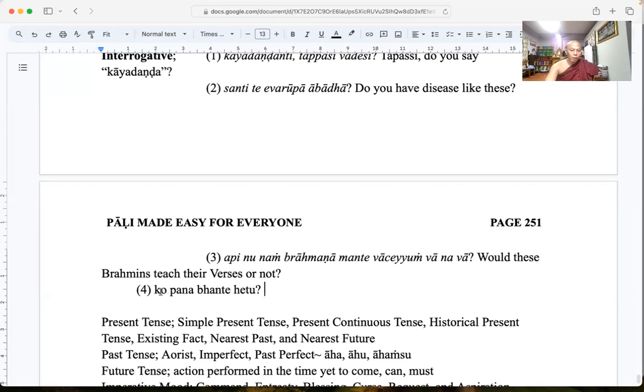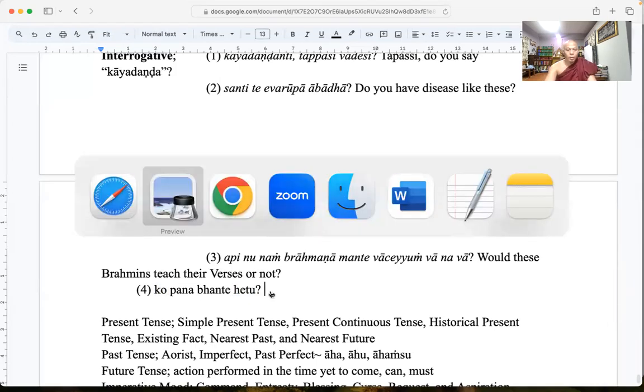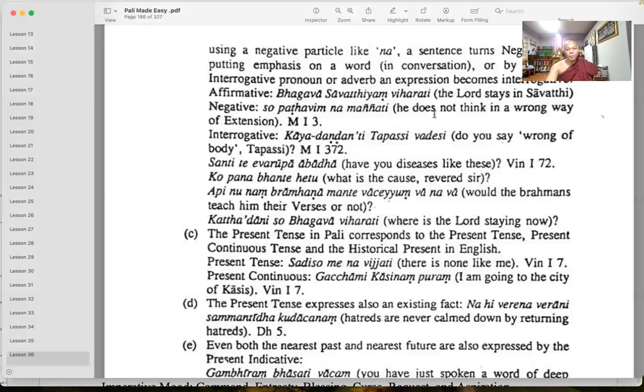So here "ko" is an interrogative pronoun, and "ko hitu" is masculine. So that in a question will be a WH word like this. So what is the cause, Rabia said?